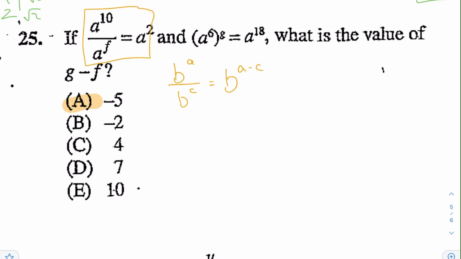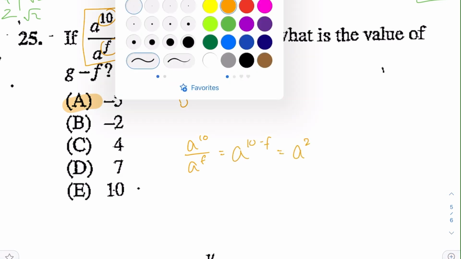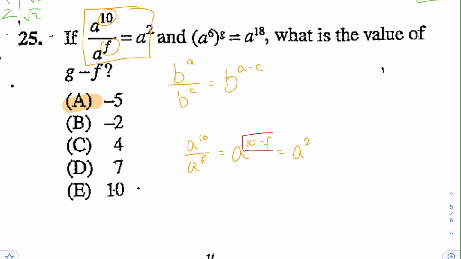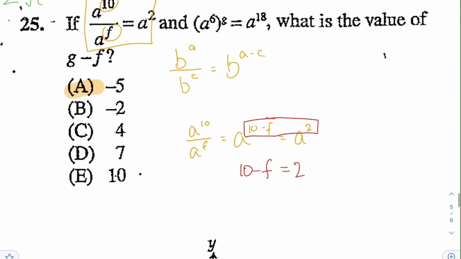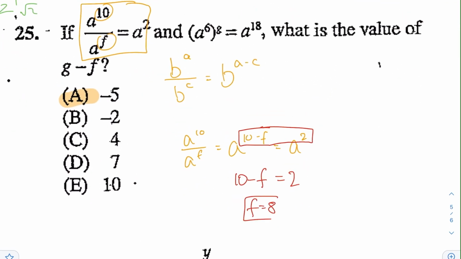So from here, you have to do 10 minus f. So a to the 10 divided by a to the f is a to the 10 minus f, and that's equal to a squared. So from here, the exponents must be equal, because the bases are the same. So 10 minus f is equal to 2. f has to be equal to 8.